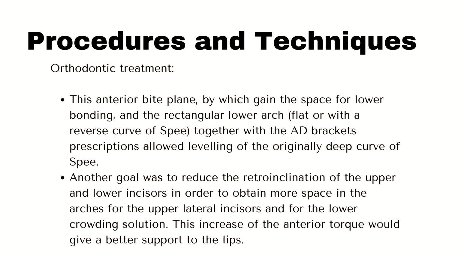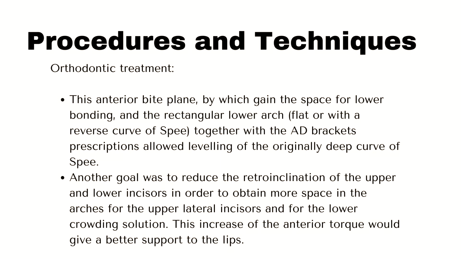The rectangular lower arch together with AD brackets allowed leveling of the originally deep curve of Spee. One of the goals was to reduce the retroinclination of the upper and the lower incisors to gain more space in the arches for the upper lateral incisors and for lower crowding solution.